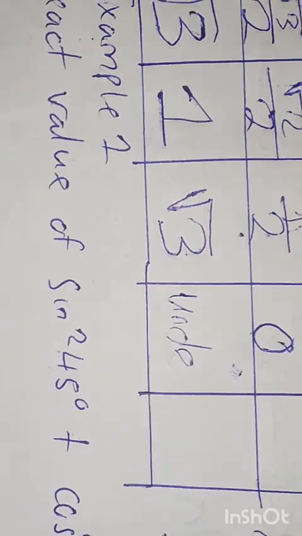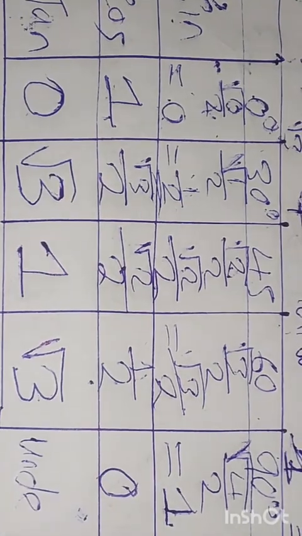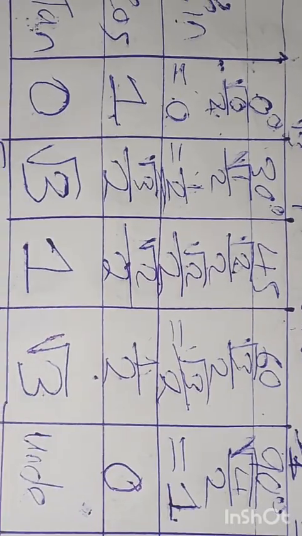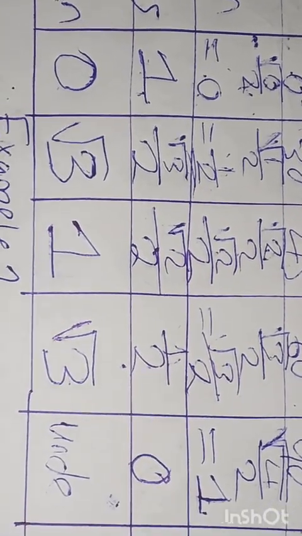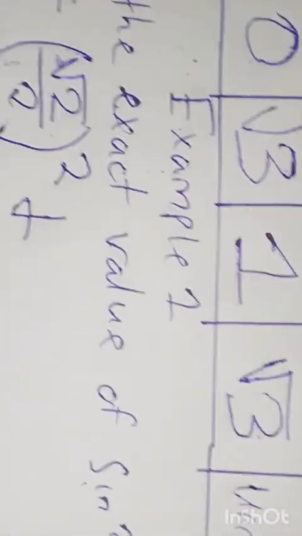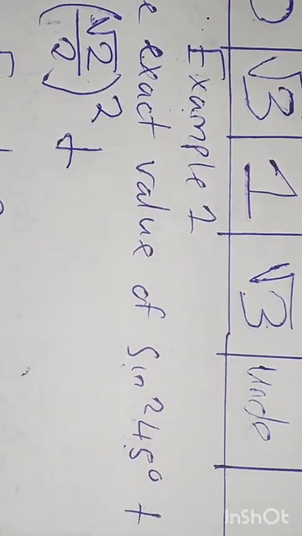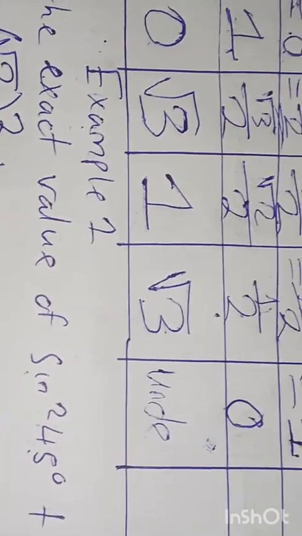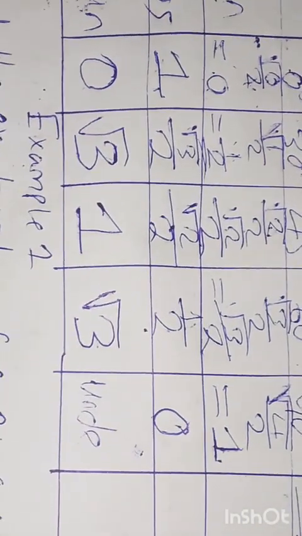From the table we did, you can recall that sine 45 degrees we answered to be root of 2 over 2. Now we have a square here, plus cos squared 60. Cos 60 is 1 over 2.